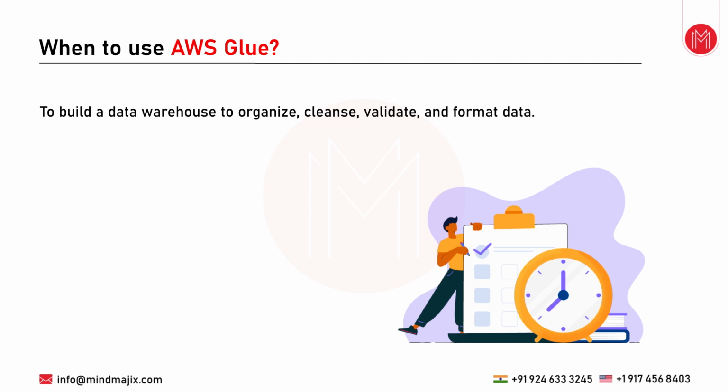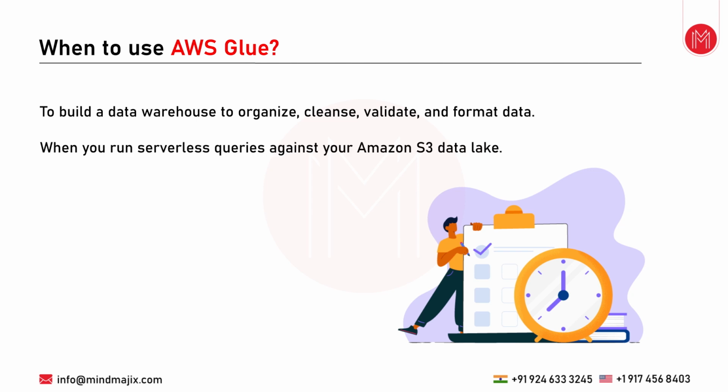The next point is you can use AWS Glue when you run serverless queries against your Amazon S3 data lake. For those who have some experience with AWS, they must know what exactly an Amazon S3 data lake is. AWS Glue can catalog your Amazon Simple Storage Service data, which is Amazon S3, making it available for querying with Amazon Athena and Amazon Redshift Spectrum.